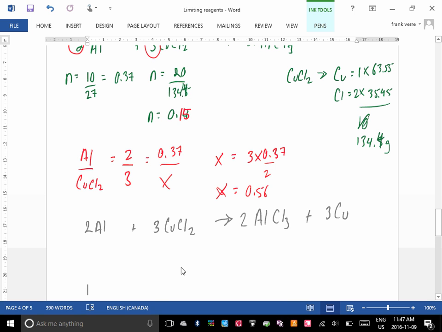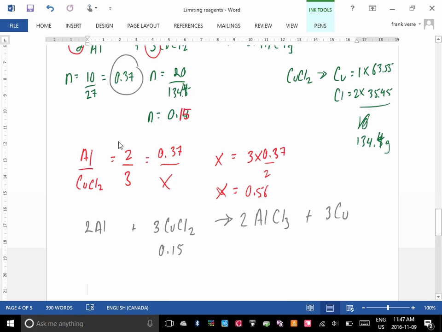The limiting reagent was which one? Copper II chloride at 0.15 moles. So how many moles of aluminum do we use up? We don't use all of the 0.37. We only use some of it up.